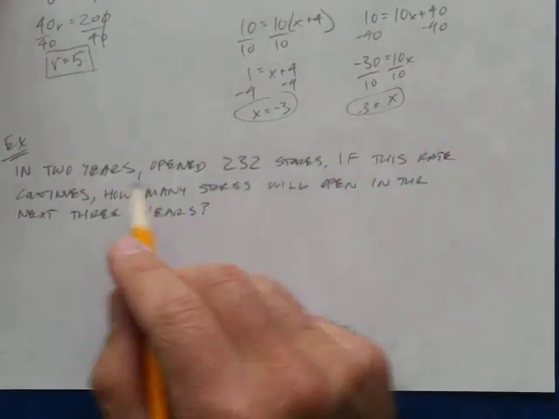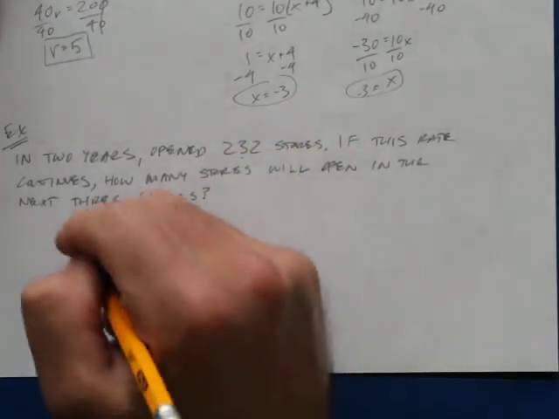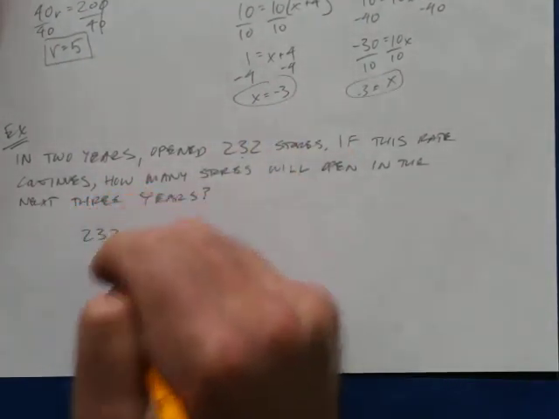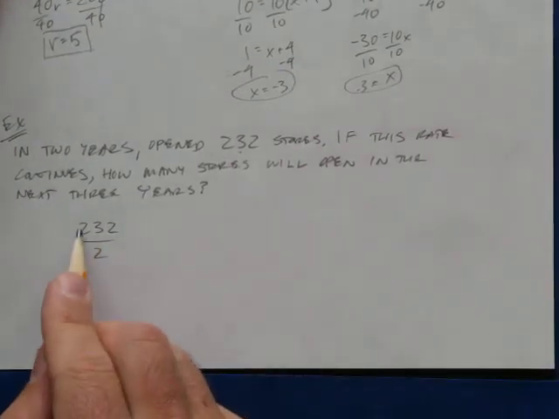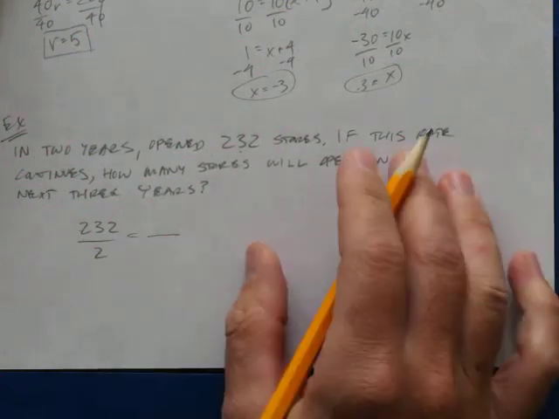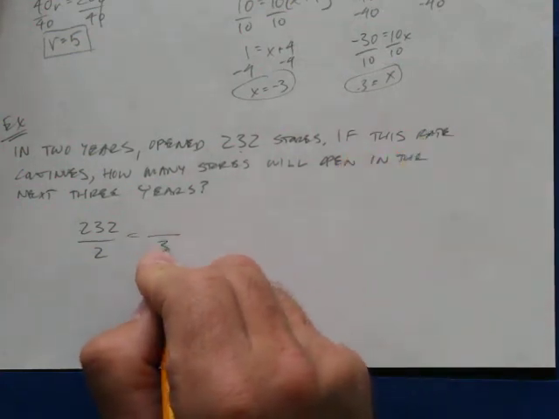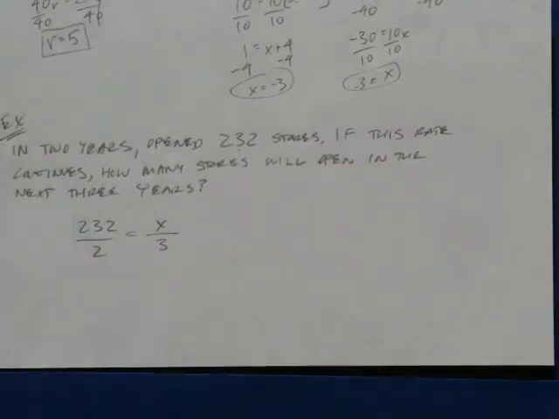Okay, so in 2 years, we've opened this many stores. So I'm going to set up this proportion as, here's 2 years worth of stores, so this many stores, this many years, equals 3 years and x. So how many stores will open in the next 3 years?